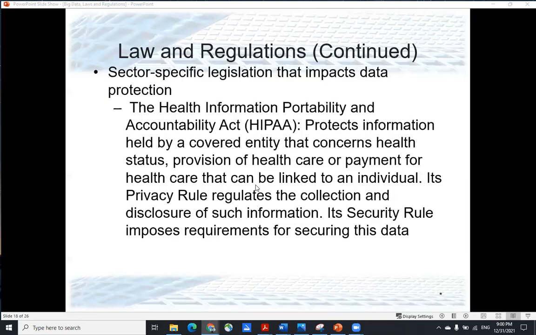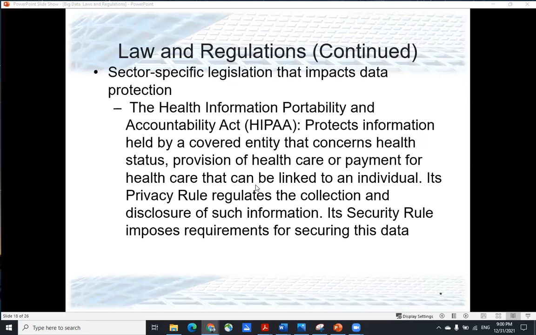And then you have HIPAA, the Health Insurance Portability and Accountability Act. If you work in healthcare, you will hear this a lot. Even if you are a patient, you will hear about it. There are regulations which protect the information held by a covered entity that concerns health status, provision of healthcare, or payment for healthcare, and that can be linked to an individual. Its privacy rule regulates the collection and disclosure of such information. Its security rule imposes requirements for securing this data.